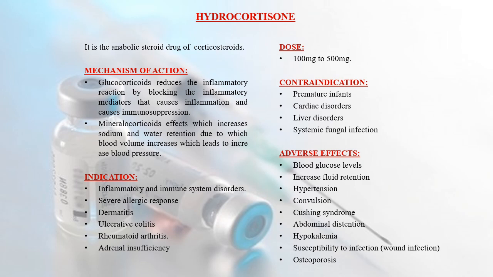It can lead to hypertension, it can cause convulsion, and it can also cause Cushing syndrome, meaning that by taking a steroid there is increased body weight, abdominal distension, hypokalemia, susceptibility to infection, especially wound infection. And the last is osteoporosis due to decrease in bone density.